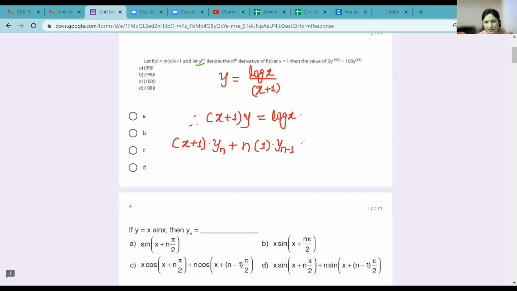It will not go further because here it is 1. The nth derivative of log x is minus 1 raised to n minus 1 into n minus 1 factorial into a raised to n divided by (ax plus b) raised to n. So here simply we have x raised to n.